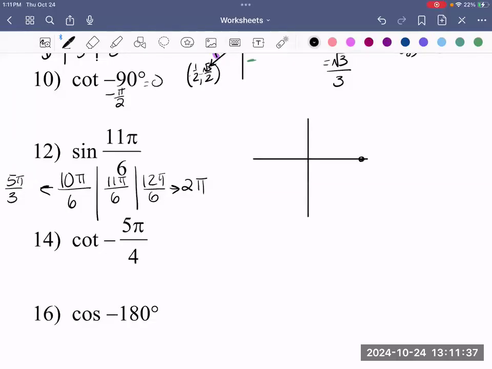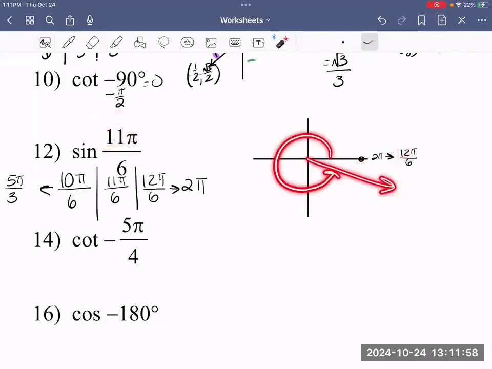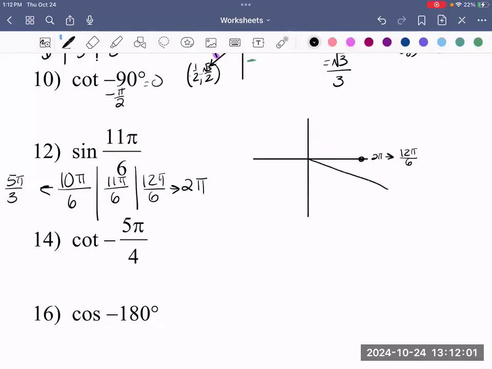Now this is 2 pi here, or in our case, if we rewrote it to have a denominator of 6, our numerator of 11 is less than this 12, meaning that we haven't achieved this full rotation, meaning that we've only come just a little bit away from that full rotation. So we're working with the fourth quadrant.